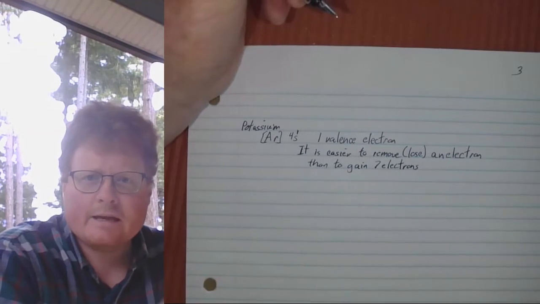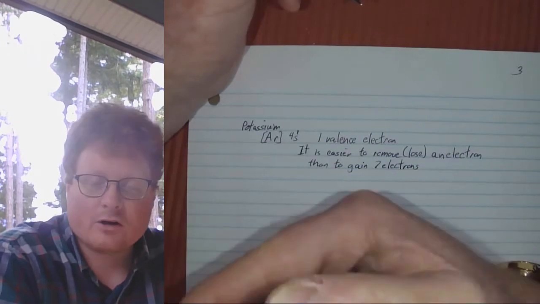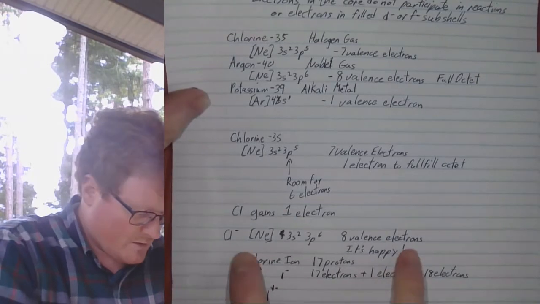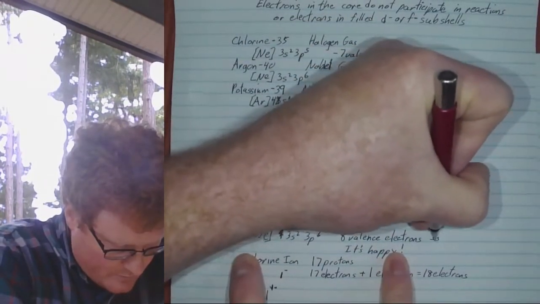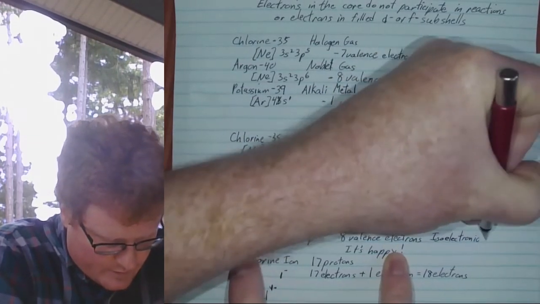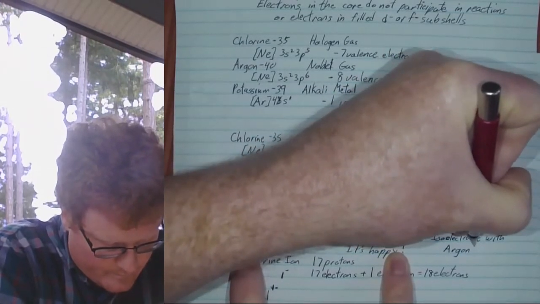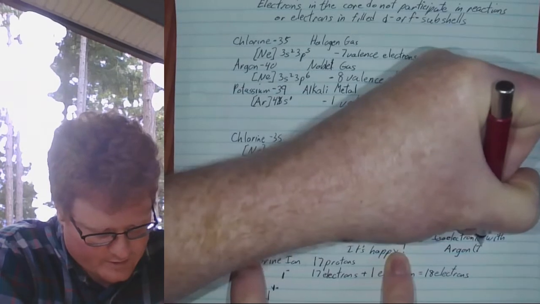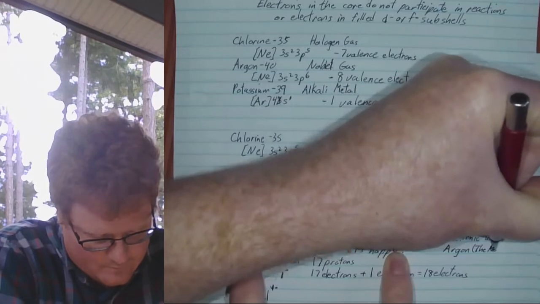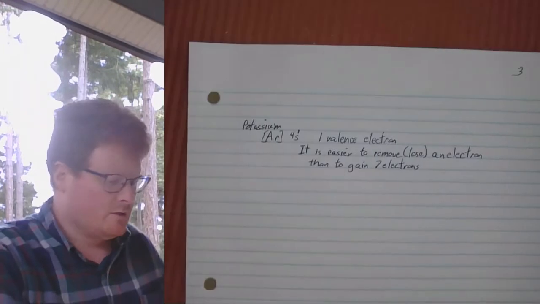For chlorine, we saw gaining an electron would make it have 1 more. It would become isoelectronic with argon. That's what I forgot to mention, isoelectronic. So it now has 8 valence electrons. It is isoelectronic with argon, the noble gas. That's what it wants, that configuration.